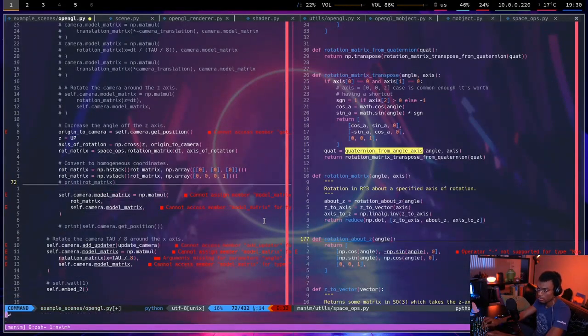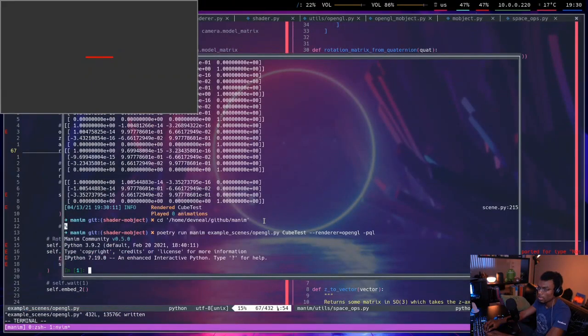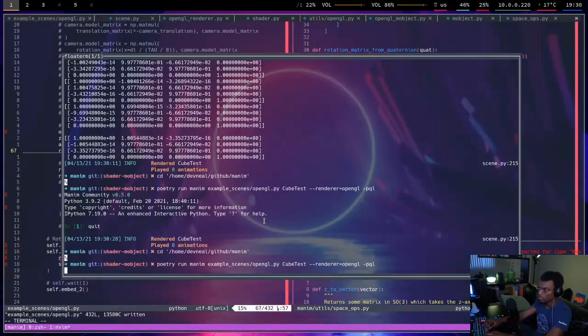Stop printing this. This is only by DT. It's rotating all the way down and then stopping. Which I guess makes sense. First of all, this is way too fast. Can I get it divided by 8 in here?